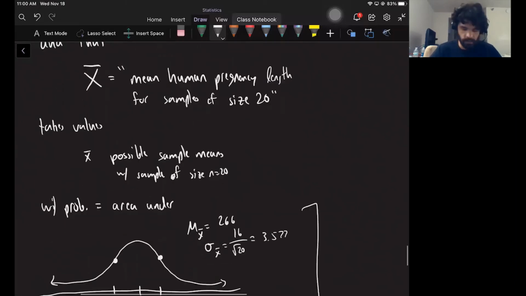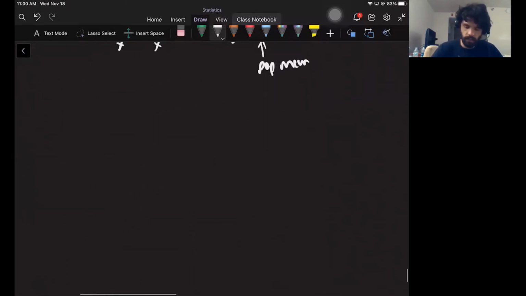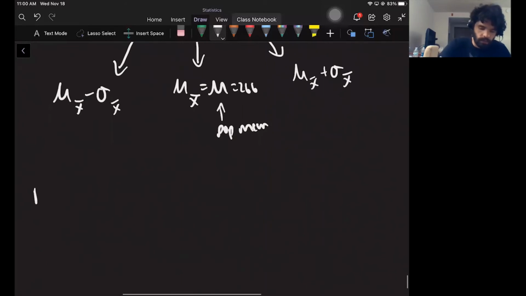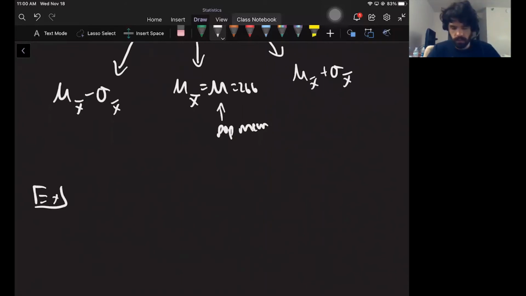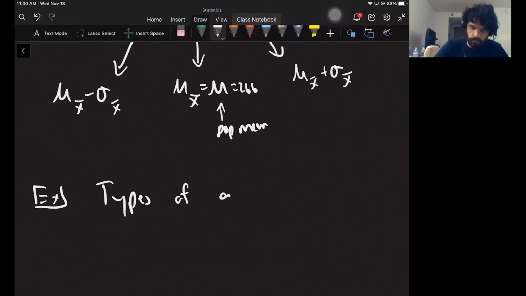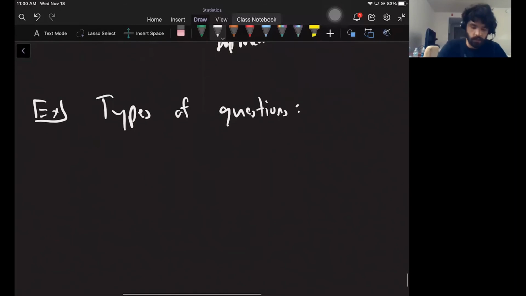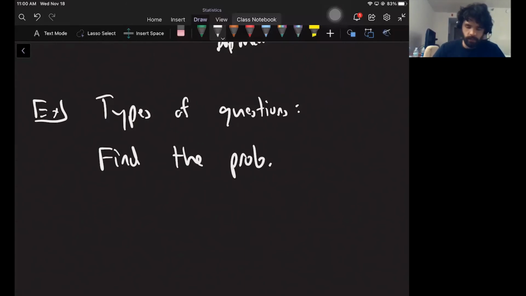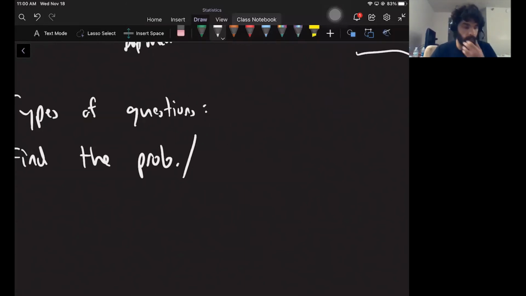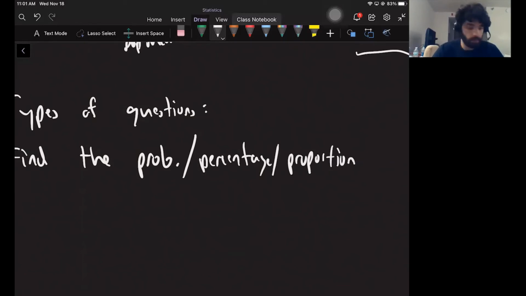Okay, so let's just do one example using this distribution, just to do some extra practice. So the types of questions that can be asked always sort of go the same way. It's always find the probability, or instead of probability, it might say percentage, or if they really want to trick you, proportion, but it's all really asking the same thing.